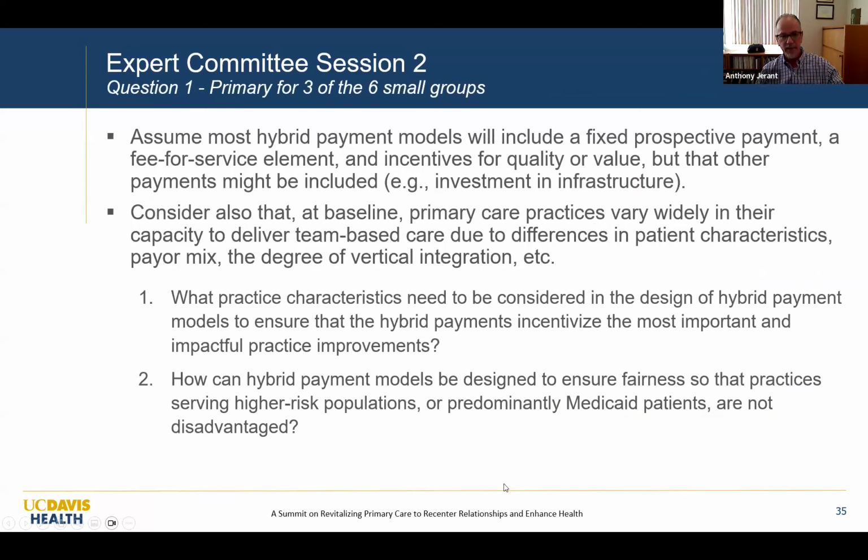I'm not going to read all of that, but the questions were: what practice characteristics need to be considered in the design of hybrid payment models to ensure that they incentivize the most important and impactful practice improvements? And how can those models be designed to ensure fairness, so that practices, which we all know are very different at baseline in terms of their capabilities, their resources, and who they serve, are not disadvantaged?